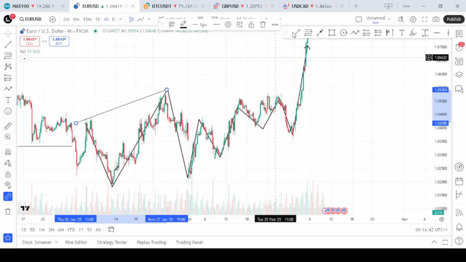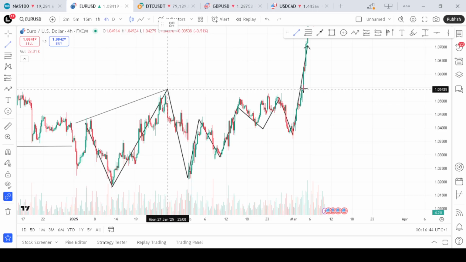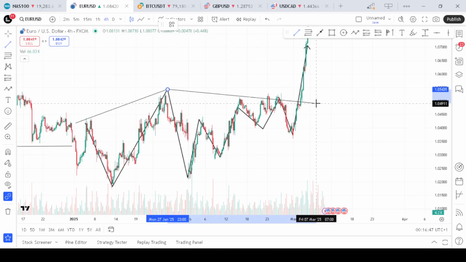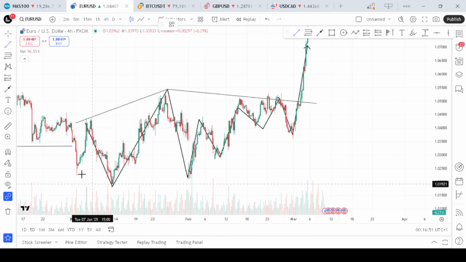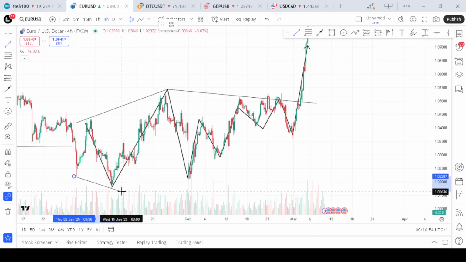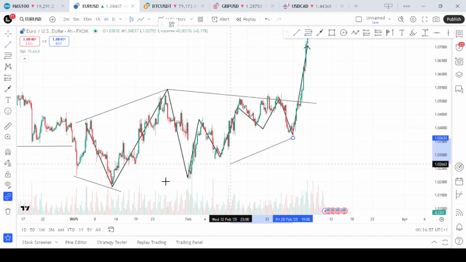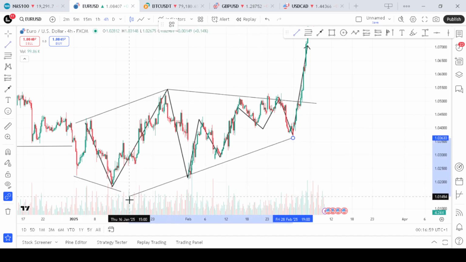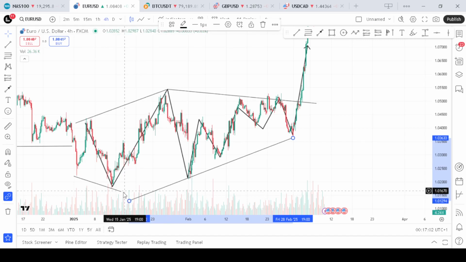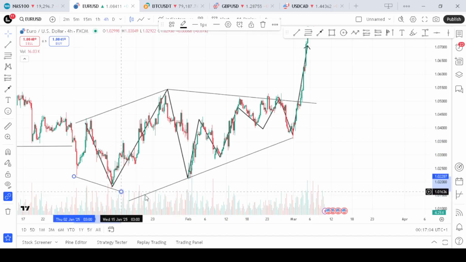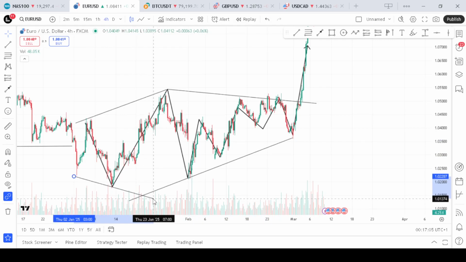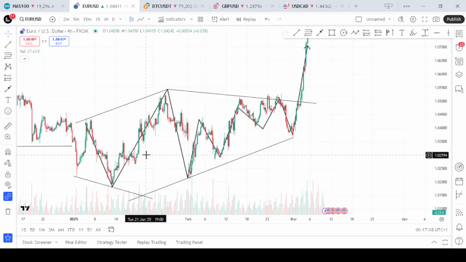This is exactly the diamond pattern on our chart. Trying to mark it out so that we can thoroughly understand what this pattern is all about. So this is basically what the pattern is. It mustn't be clean, but you just need to have the concept of the market contracting and expanding.